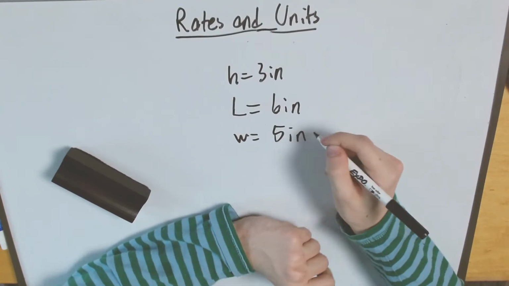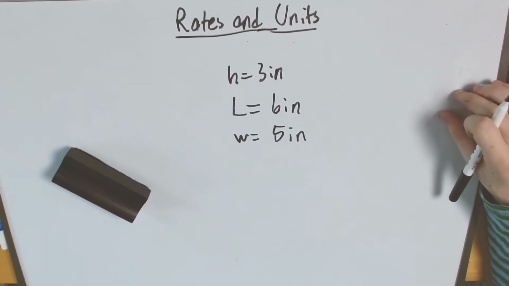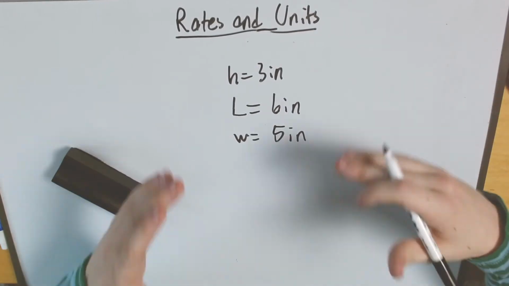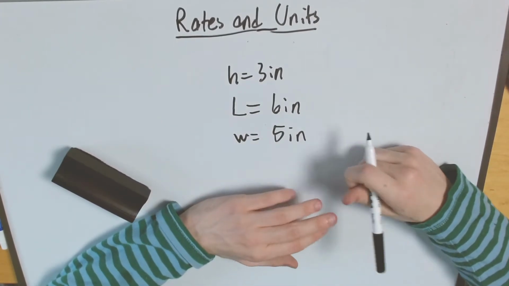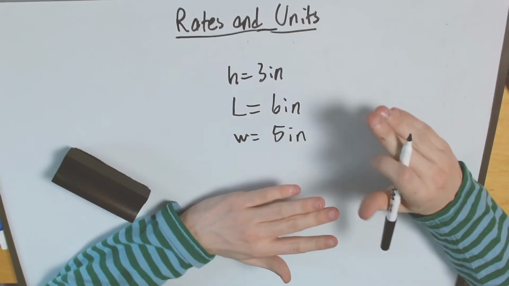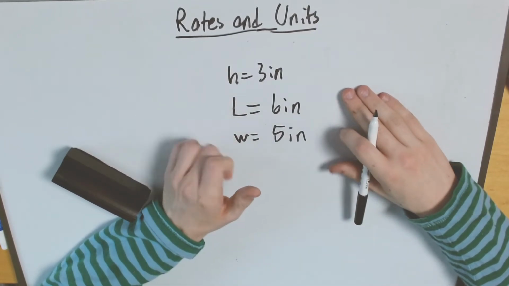It's a small sandbox. And I'm asked to find the volume, or how many units of sand can I fill the sandbox with. And of course, we know that the volume of a rectangular prism is just length times width times height.